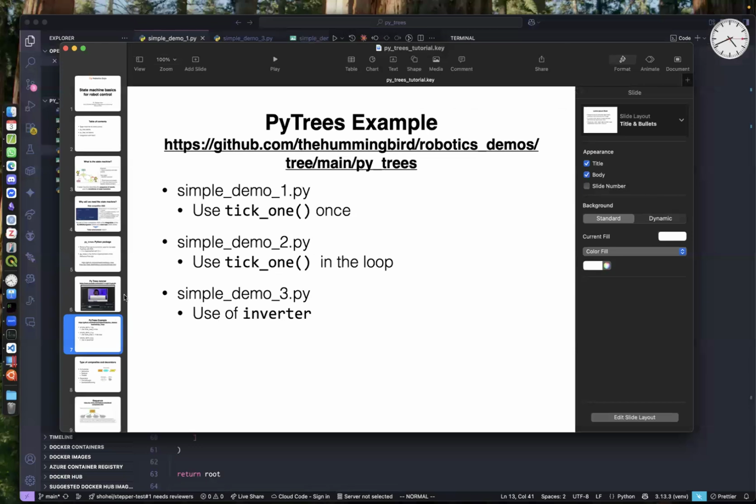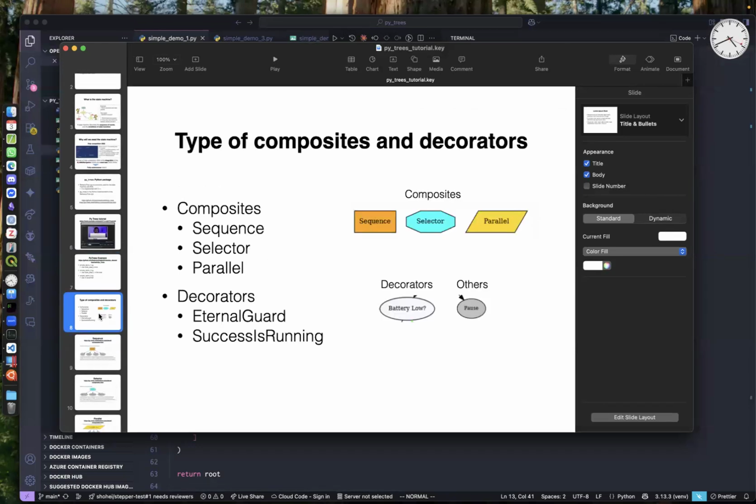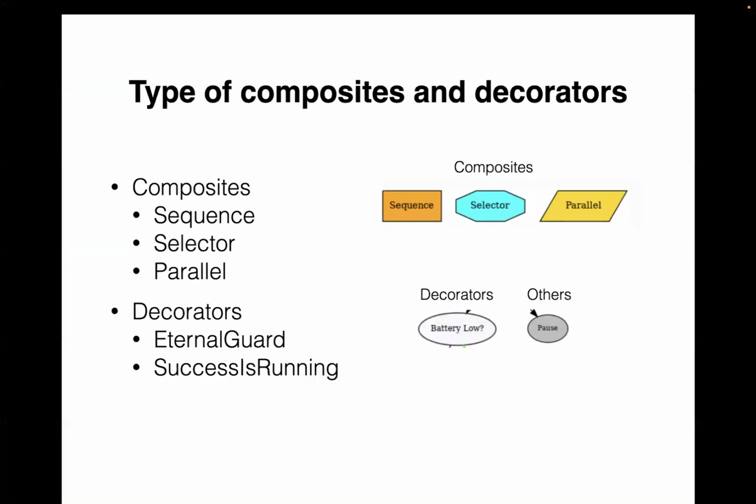To understand PyTree, you need to understand that there are mainly three types of composites, right? Starting from the sequence, the selector and the parallel. In this demo script, we are dealing with the sequence. This is the most basic composite or state machine, right?